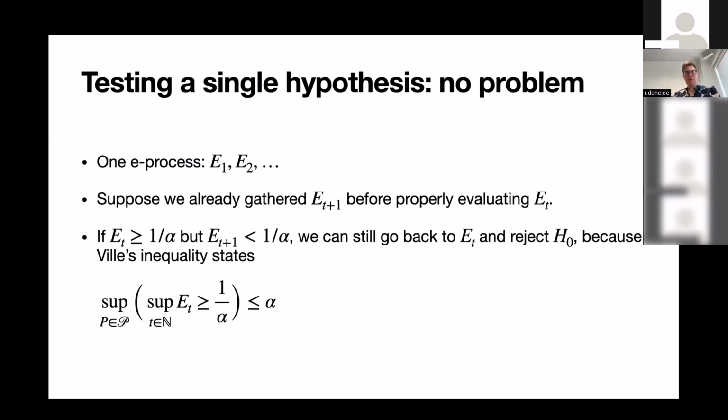Now, if E_t is larger than 1 over alpha, but E_{t+1} is smaller than 1 over alpha, we can still go back to E_t and reject the null hypothesis, because Ville's inequality states that we can take the supremum over all these time points. So we have not lost any evidence by gathering more data. We can go back into the history and reject the null hypothesis anyway.